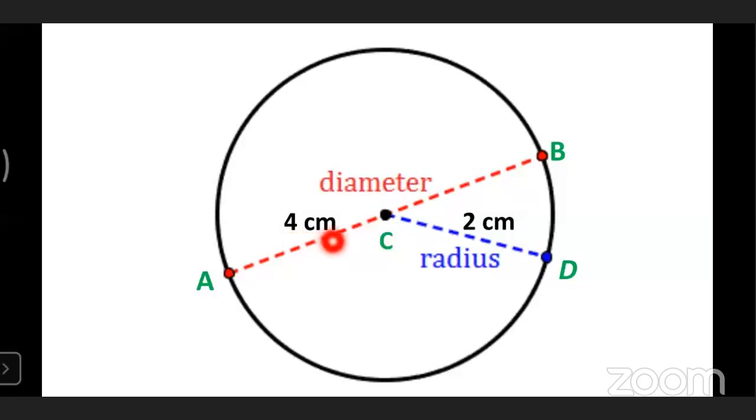Yes, 4 centimeter. Here C is the center, AB is a diameter, and CD is a radius. Once again, if the radius is 2 centimeter, then the diameter will be 4 centimeter. It's 2 times. Is it clear, students?